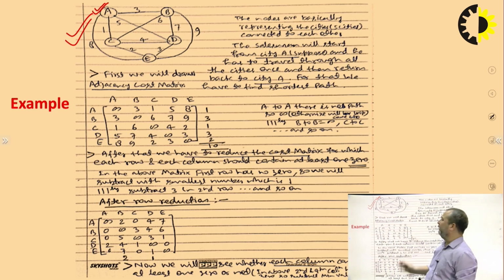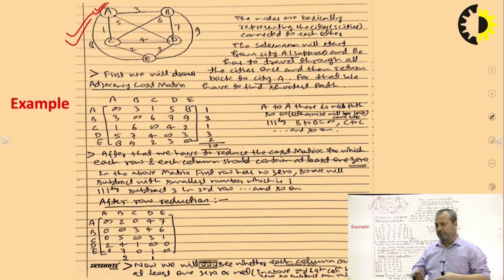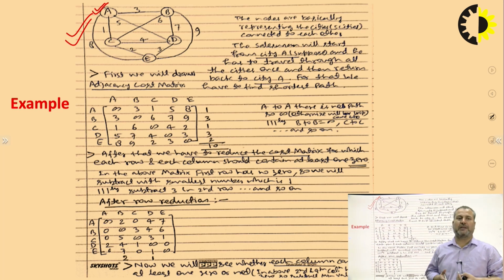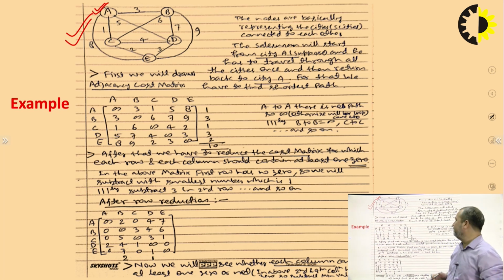Because there are so many ways to visit, A to B, B to C. So out of that, the minimum distance, or the minimum way to visit all the cities just once, will be considered.